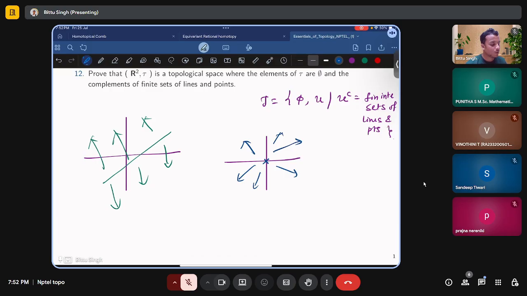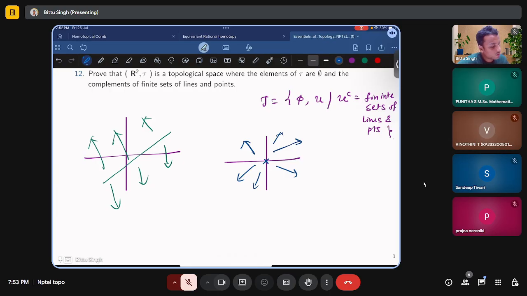Now the question is, is it a topology or not? It is already given that it is a topology. Now how do we prove that? So what about the empty set and R2? Empty is there, R2 is there. There is no issue, because the complement of a finite set means you can take nothing.